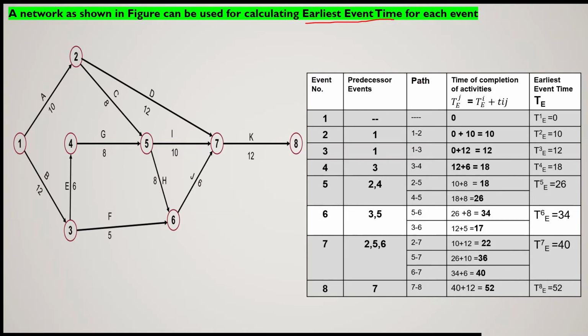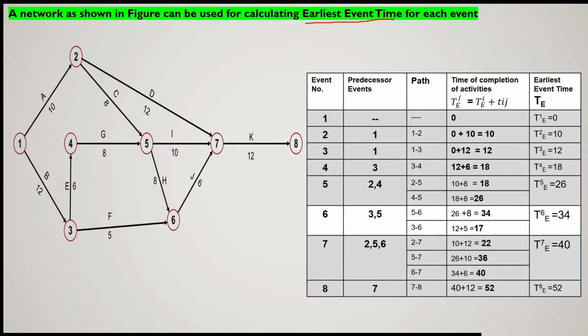So this formula, TEJ, we can use to calculate the earliest event time of event J, which is equal to the sum of the earliest event time of event I, which is the preceding event of event J, plus Tij.